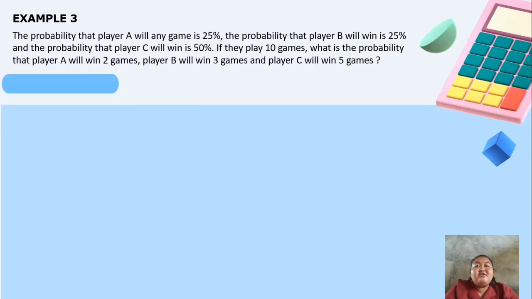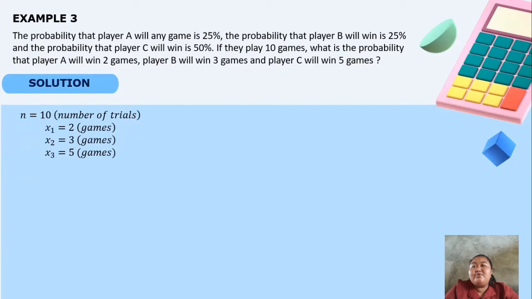If they play 10 games, what is the probability that player A will win 2 games, player B will win 3 games, and player C will win 5 games? So in the solution, n equals 10 number of trials, x1 equals 2 games, x2 equals 3 games, x3 equals 5 games.